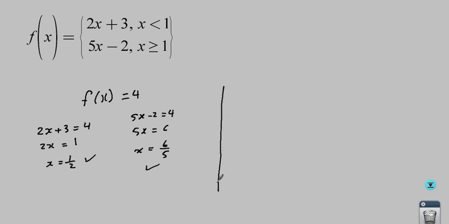If on the other hand we want to solve f of x equals 8, we do the same. 2x plus 3 equals 8 gives me 2x equals 5, giving me x equals 2.5. But this rule applies only for values of x that are less than 1, and this gives me a value of x that is 2.5, so this is rejected.